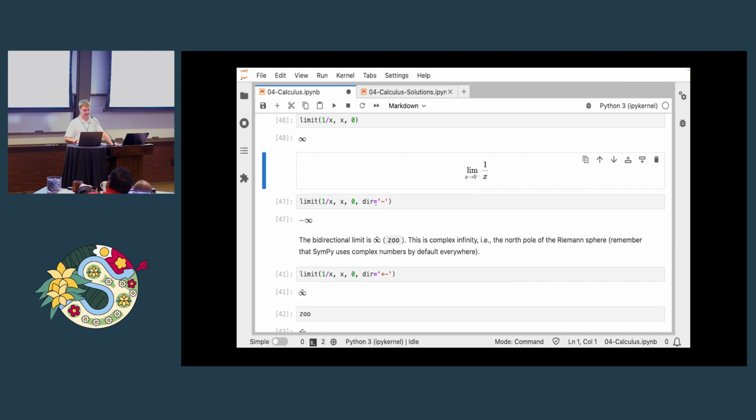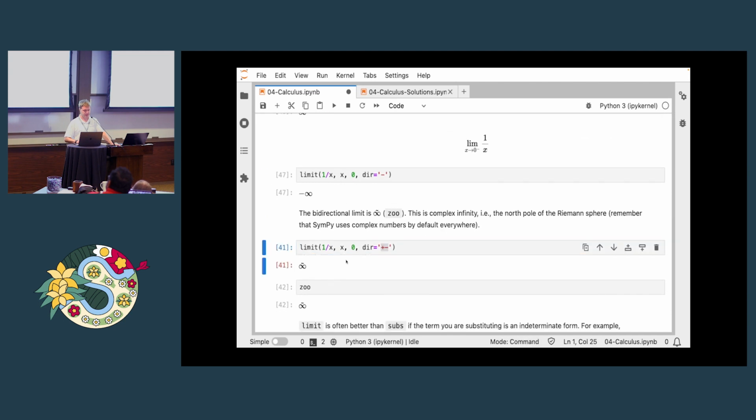And then, yeah, if I change this to a bidirectional limit, I'll get this complex infinity object, which represents the North Pole of the Riemann sphere. If you haven't studied complex numbers, this may be a new mathematical concept, but basically, in the complex plane, there's just one infinity, which is the infinity in any direction.